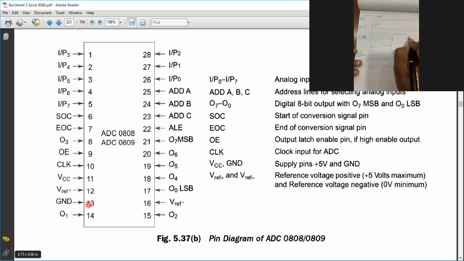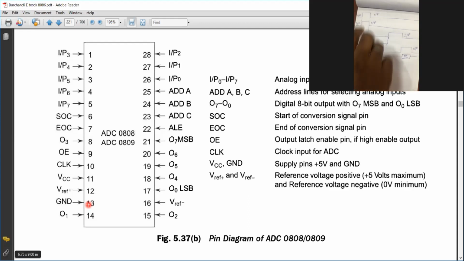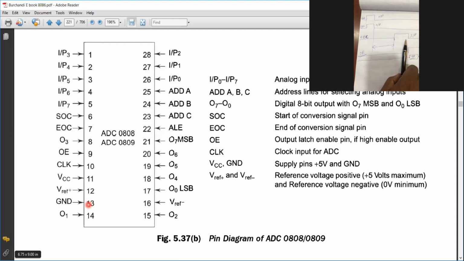This signal is input. Means the microprocessor gives the ALE signal, the microprocessor gives the SOC signal, then the microprocessor receives the EOC signal, then the microprocessor gives the OE signal and gets the output. Is it clear? Yes, sir.